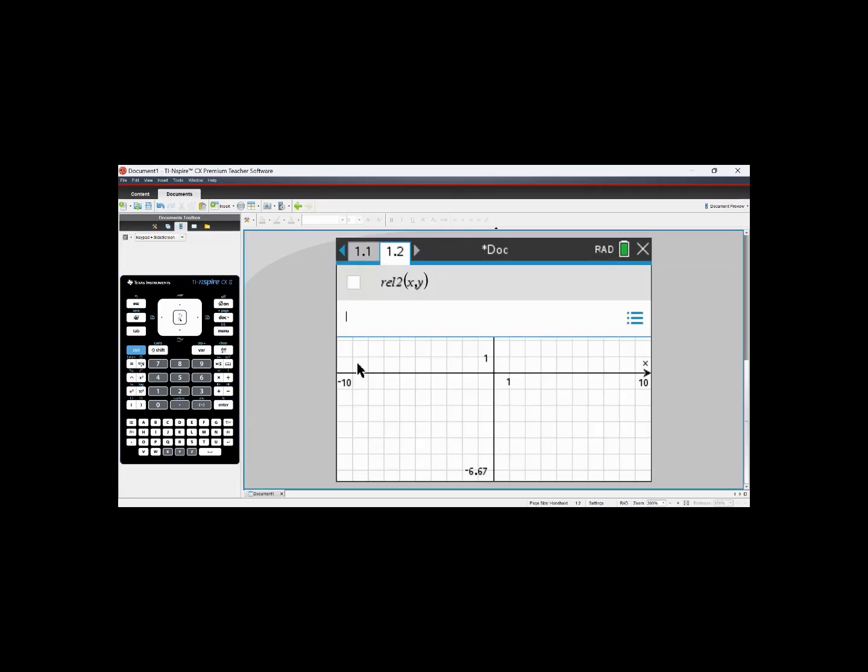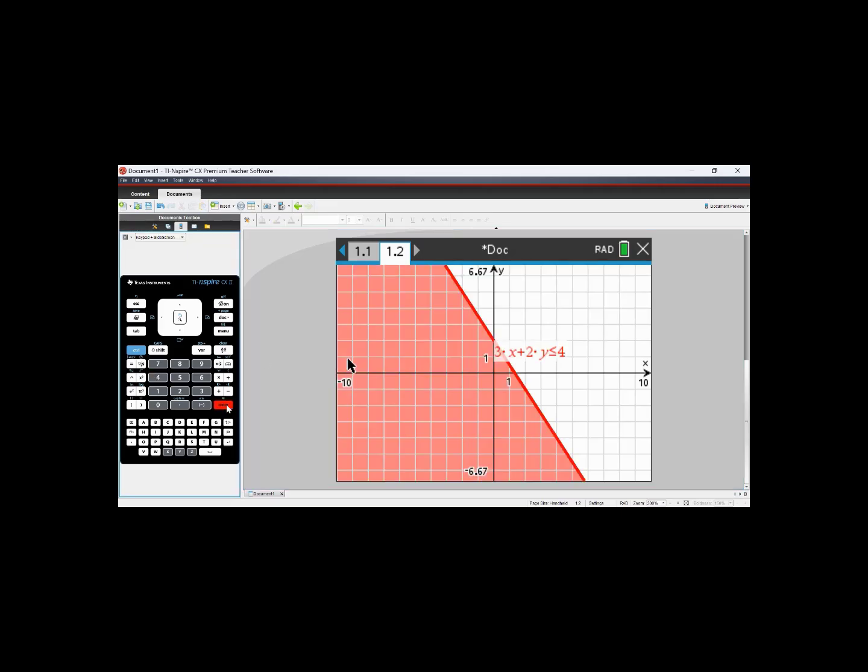And now we're going to type it in just as I gave it to you. 3x plus 2y. We go Control Equals to get our less than or equal to symbol and press the 4, and we'll have a solid line. We'll shade below, and we did not have to do any algebra.